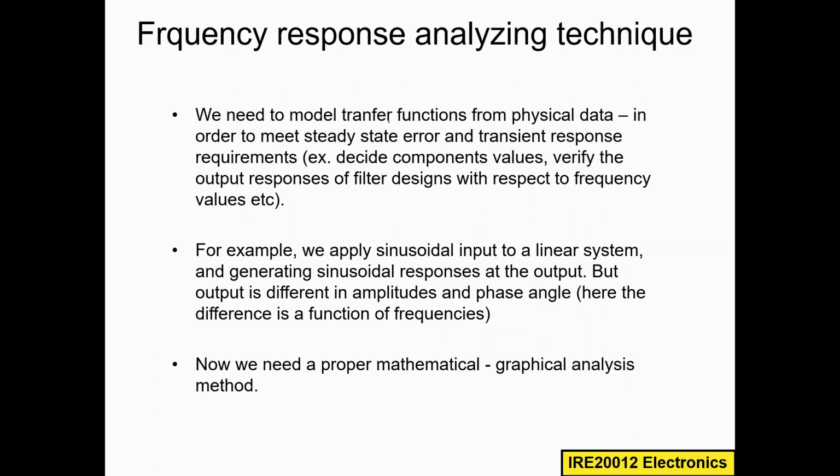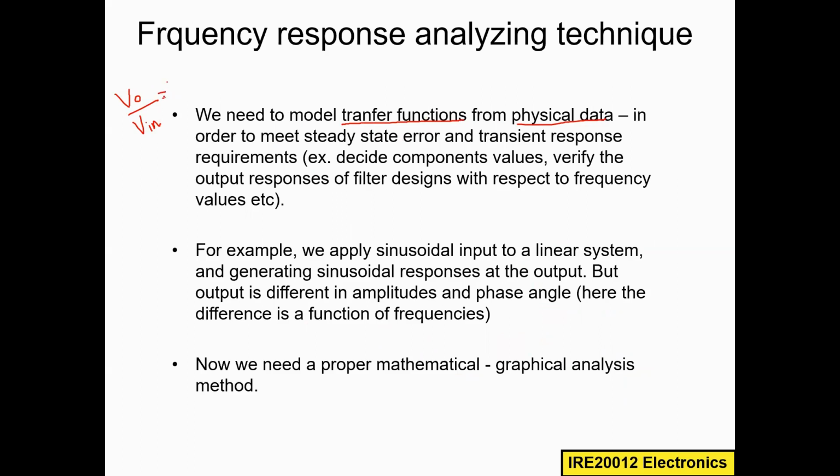So we need to model transfer functions from physical data. This transfer function we have also studied already a little bit. So transfer function means what? Vo divided by Vin, output voltage divided by input voltage.